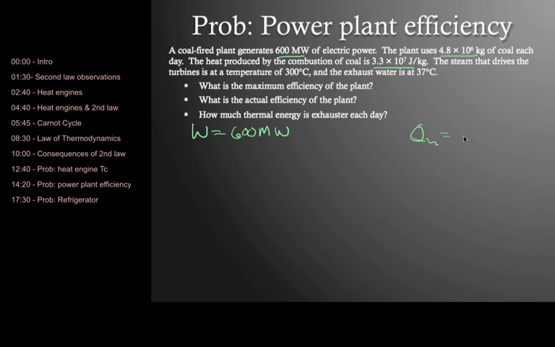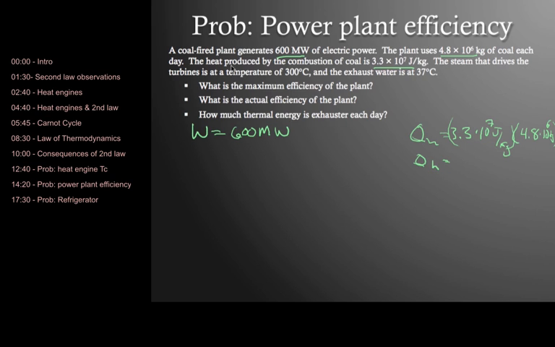QH is then 3.3 times 10 to the 7th joules per kilogram, multiplied by 4.8 times 10 to the 6 kilograms, the amount of coal that we have. So QH is this product.